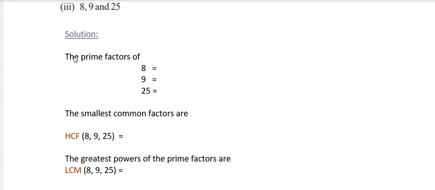So we go to the third question. We can find the prime factors of 8, which can be written as 2 power 3, and the prime factors of 9 are 3 square, 3 power 2, and for 25 we can write it as 5 square.